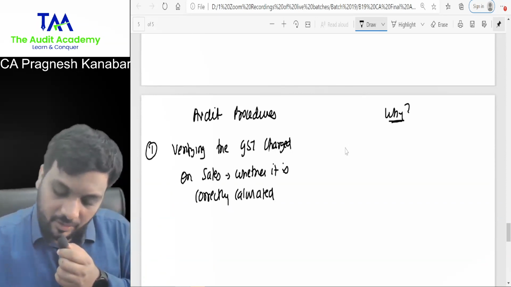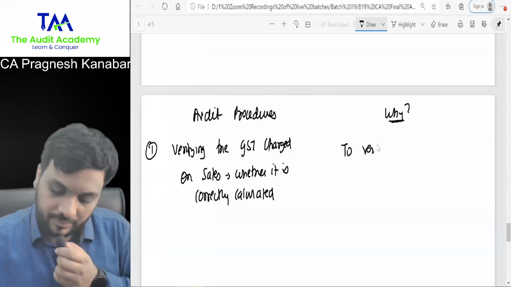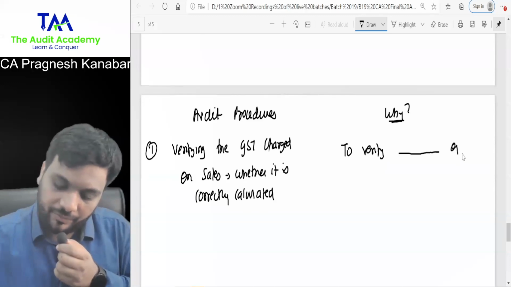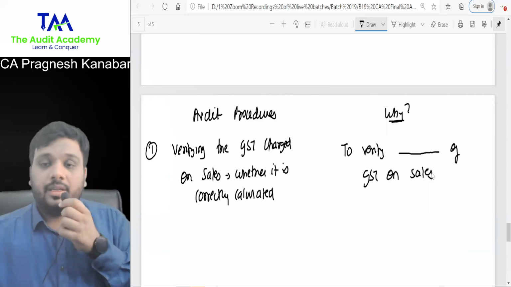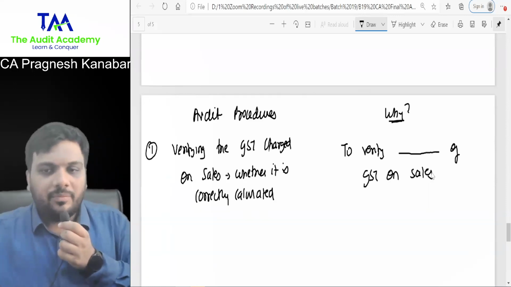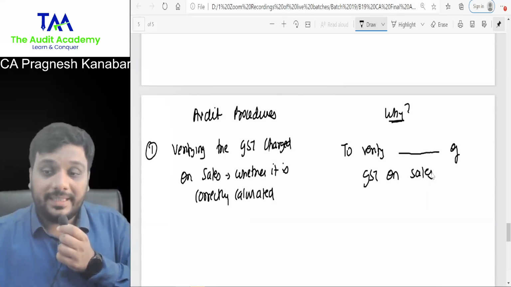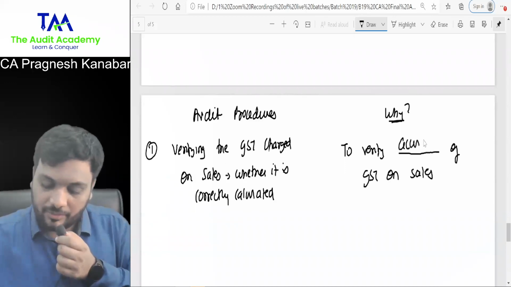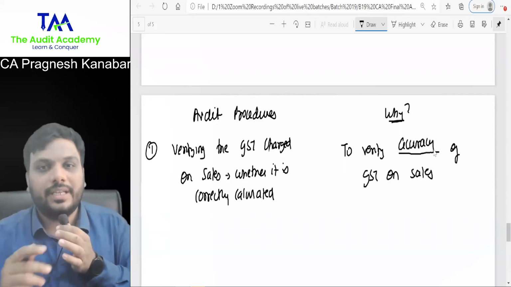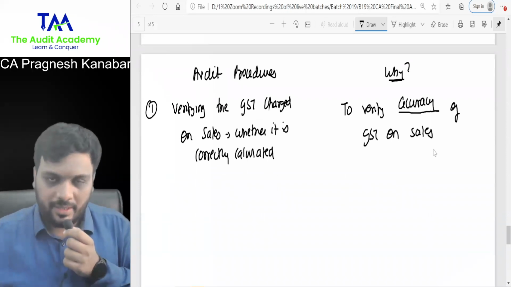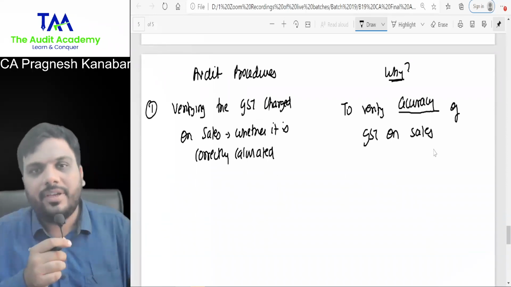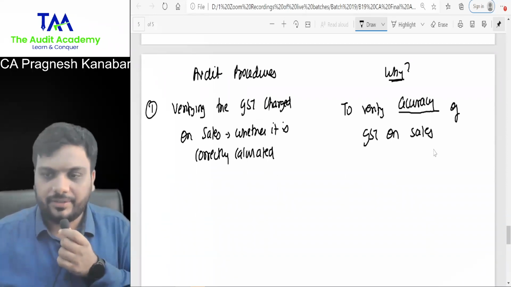So I am trying to verify the GST on sales. Yes, I want to verify compliance with laws, and all of that is fine, but basically I am trying to verify the accuracy of the amount of the GST on sales, correct? Then the derived objective will be that I will end up verifying the compliance with laws and so on. That is fine. All right.